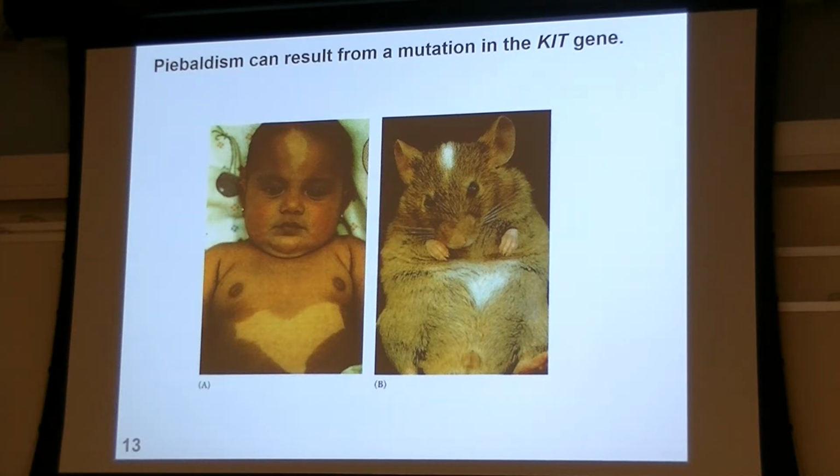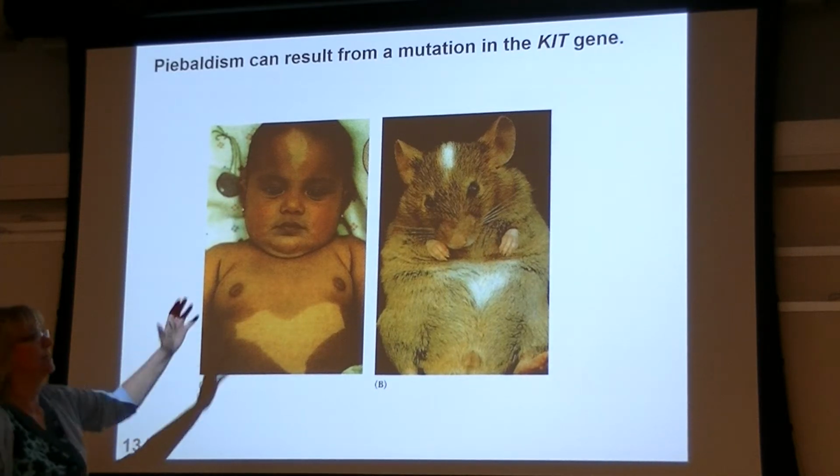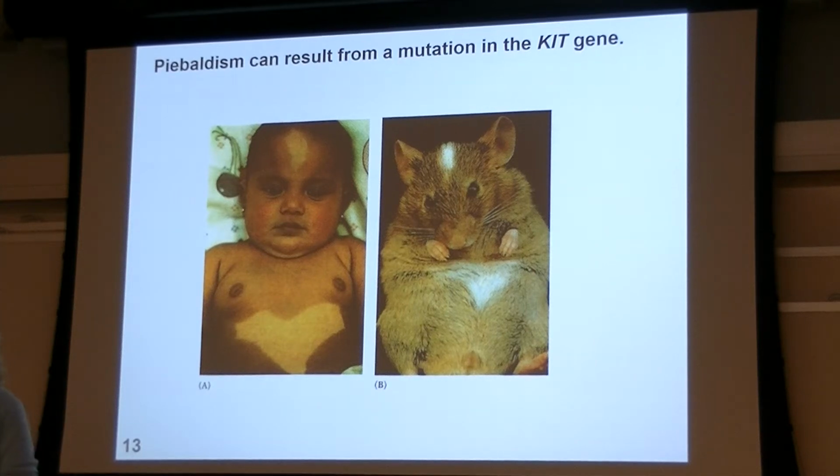Is it specific to those regions? Because it looks like on both the baby and the mouse, it's missing some on the abdomen and all that. So this particular mutation is specific to those regions. And I guess what it's really telling us is that it has a very uniform or predictable phenotype from this particular allele of this particular gene.